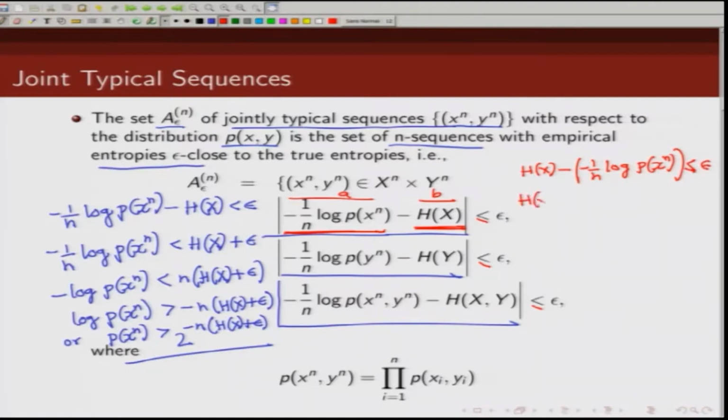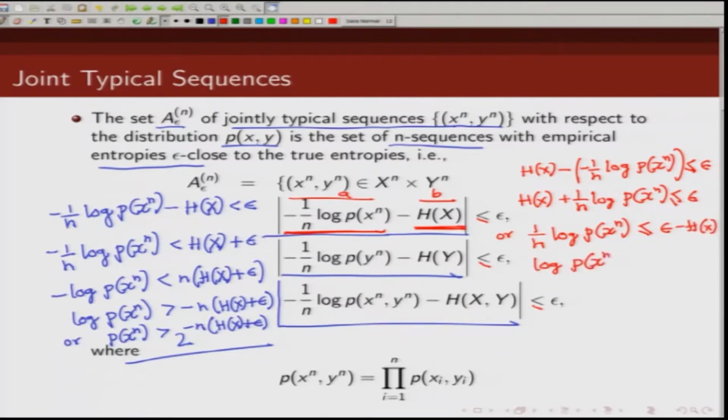So this becomes H of x plus 1 by n log of P of x^n is less than or equal to epsilon, or I can write 1 by n log of P of x^n to be less than or equal to epsilon minus H of x, or log of P of x^n can be written as less than or equal to minus n times H of x minus epsilon, or P of x^n is less than or equal to 2 raised to power minus n H of x minus epsilon.